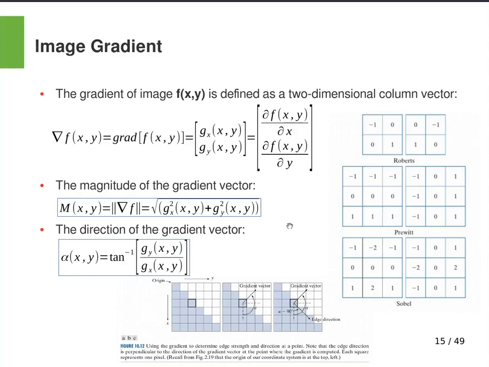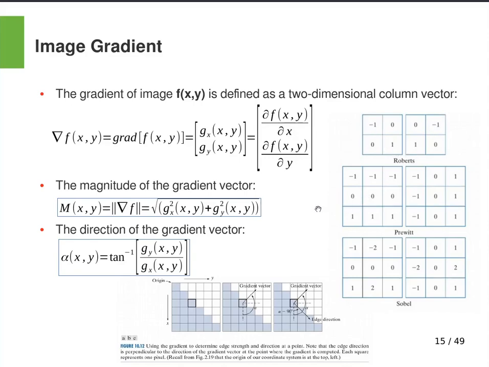So now the question becomes, how can we calculate the gradient with respect to the horizontal and vertical direction? And the answer to that is very simple. We use a set of predefined kernels, and these kernels are derived based on the finite difference estimate that we have. So we have the set of Roberts kernels, which are 2 by 2 kernels that are used for detecting diagonal edges.